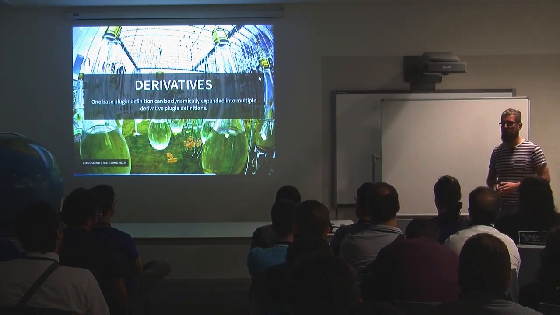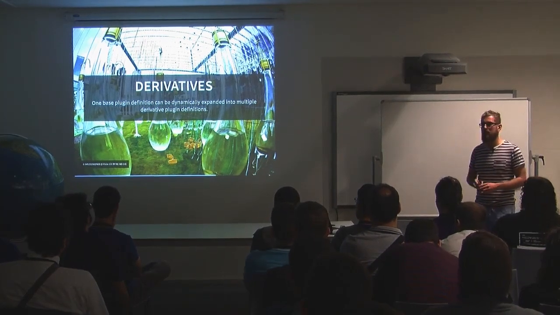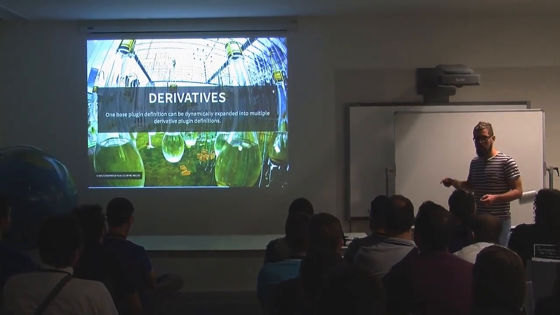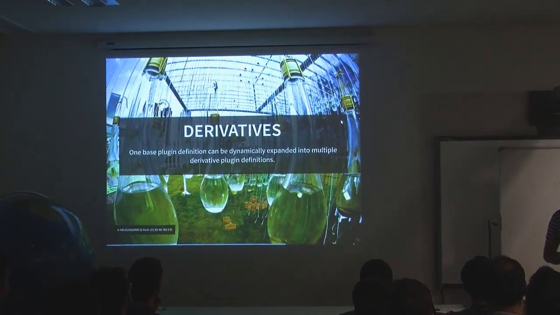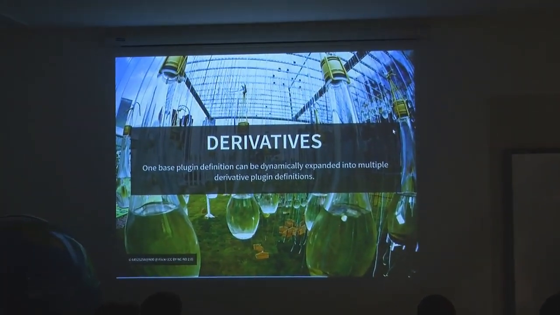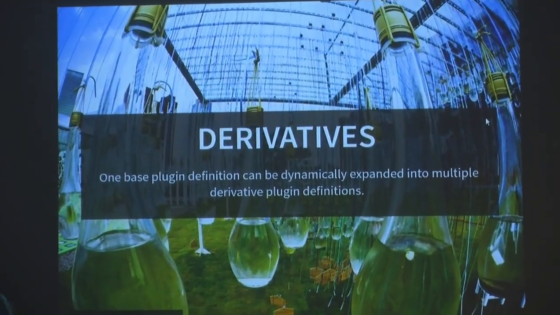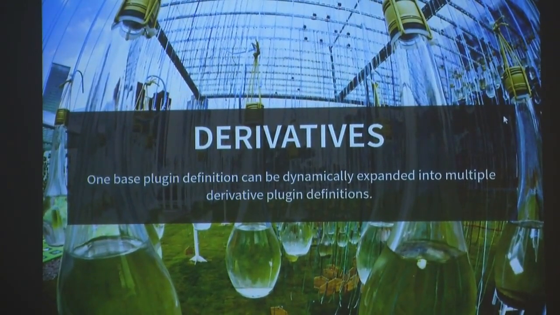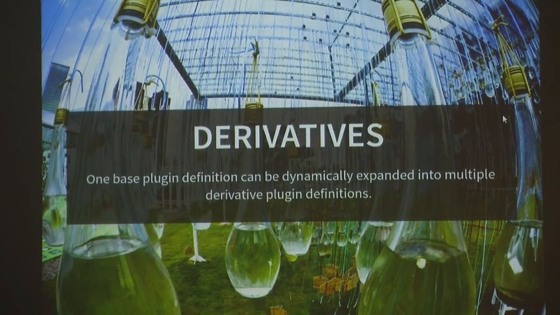And that's where derivatives come in. If you define a derivative or a deriver for a plugin, then what happens is that the plugin's definition itself is not used directly, but the system creates an instance of the deriver class, gives it the base plugin definition, and then the deriver returns 0 or more new definitions for that plugin that replace the old hard-coded YAML or the annotated class definition.